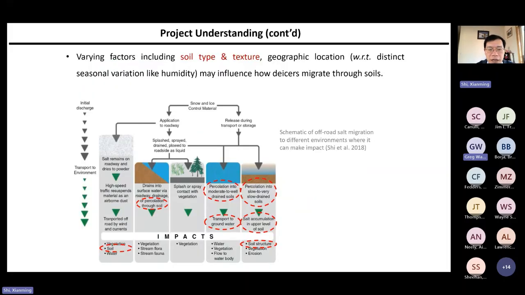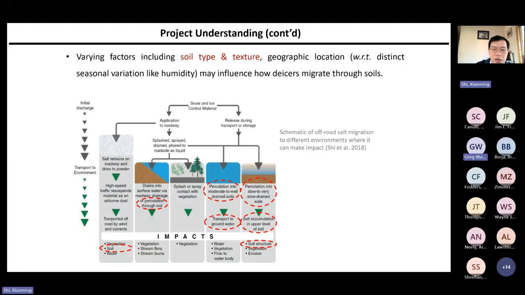There are so many different factors that could affect the transport behavior of these. As you can see in this figure, it illustrates how roadway deicers tend to get into the adjacent environment, such as soil and water bodies, through various pathways.